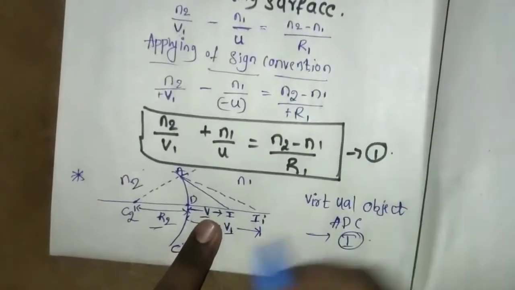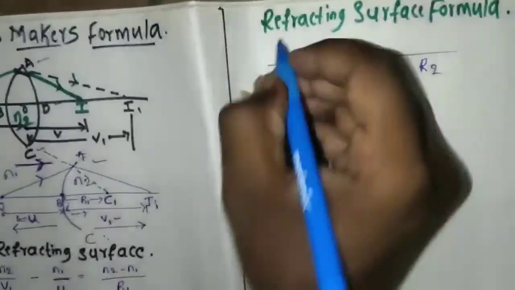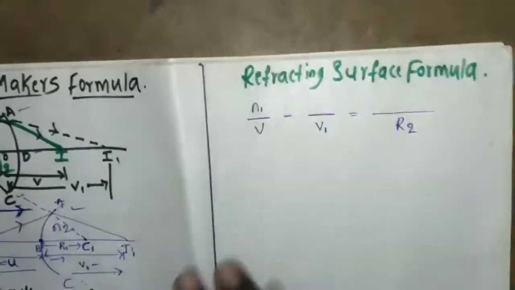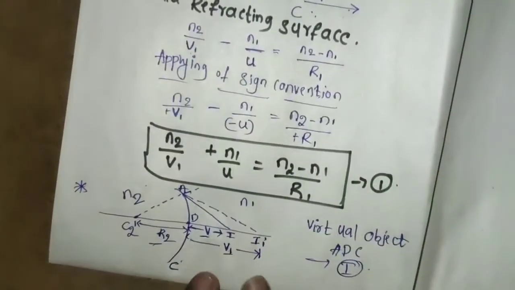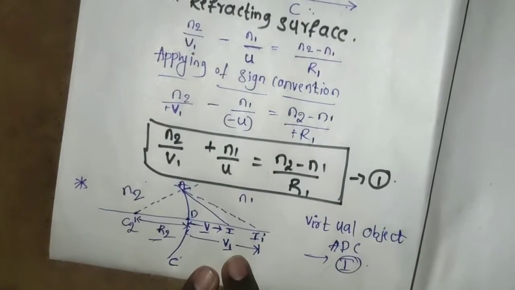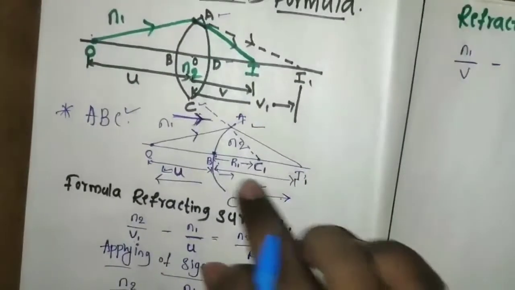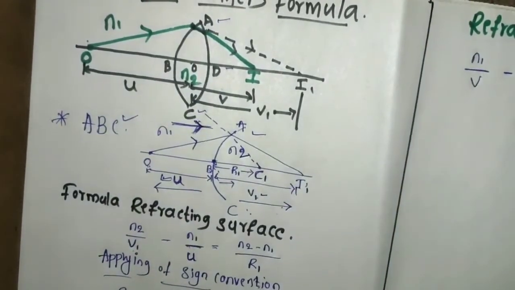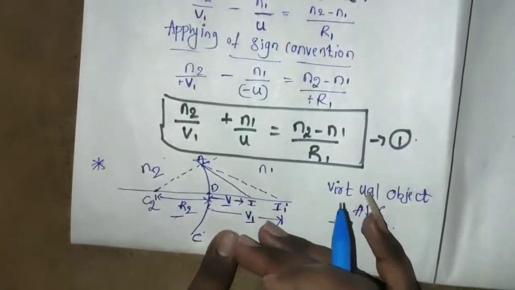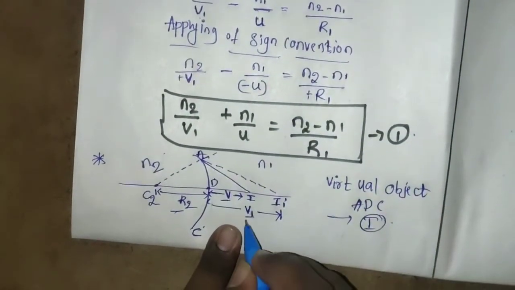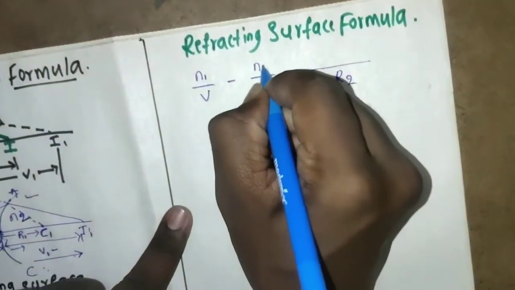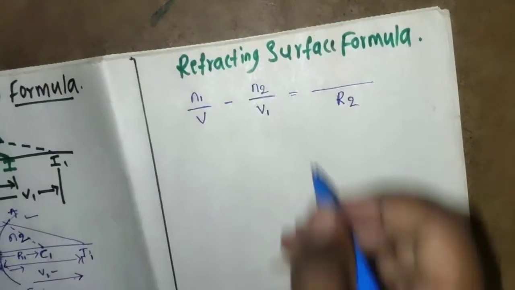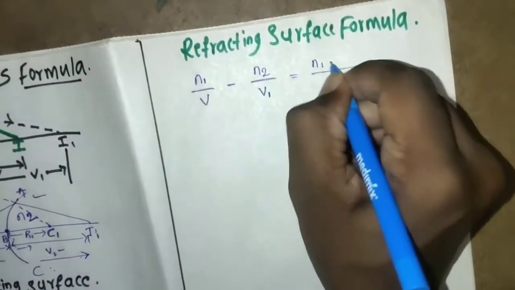The image is formed at the medium N1, but V1 is the virtual object which is formed due to the medium N2. This V1 is formed due to the ABC spherical surface at a medium N2. Because of this reason, at V1 I will write N2 as a medium. Okay, don't be confused. N1 minus N2.